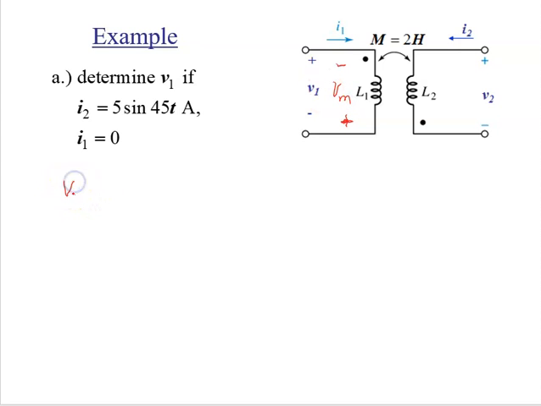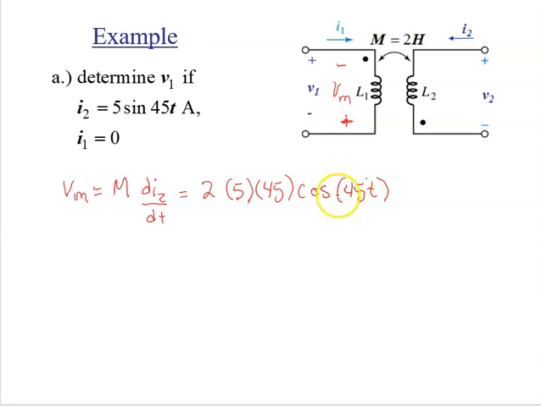So Vm is equal to M di2/dt, which is 2 times the derivative of 5 sine 45t. So it'll be 2 times 5 times 45 times cosine of 45t, because the derivative of the sine is omega times the cosine of omega t.